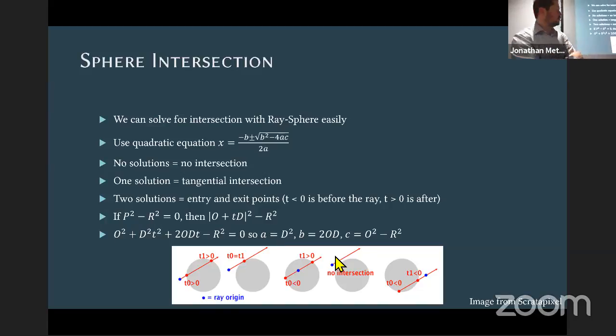To do this, we need to use the quadratic equation. As you know, you get no solutions, one solution, or two solutions. If you get no solutions, there's no intersection. If you get one solution, it's a tangential intersection; in other words, both points technically are at the same area on the sphere. And two solutions means you have an entry and exit point.